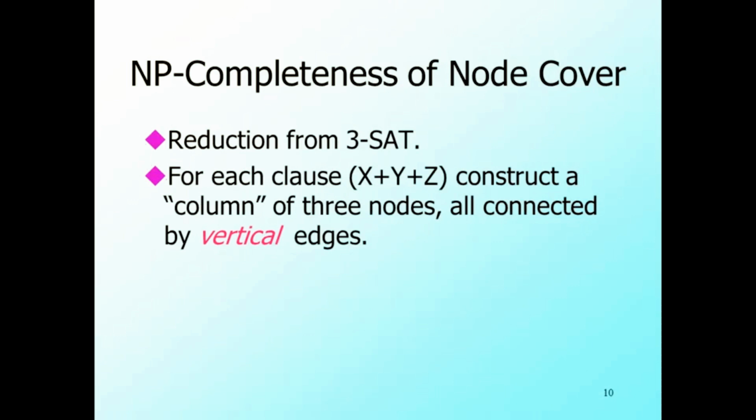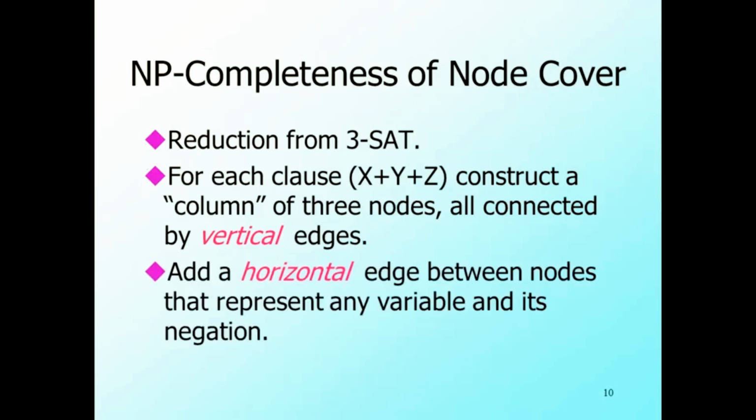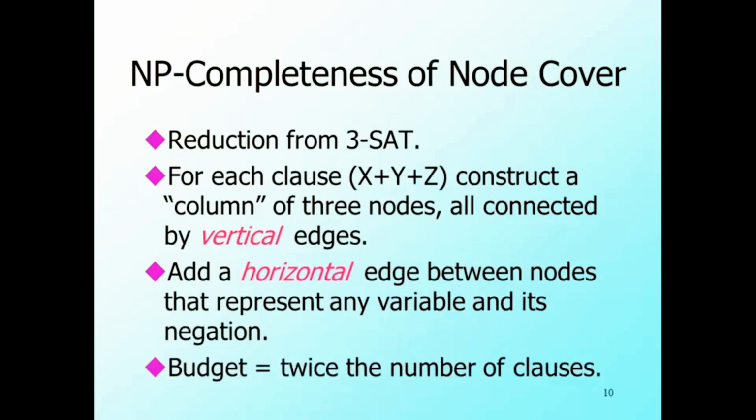There are vertical edges connecting each pair of nodes in a column, and thus there are 3 vertical edges per column. There are also horizontal edges that connect nodes in different columns. 2 nodes are connected if they represent literals with the same variable, and exactly one of those literals has that variable negated. And finally, the budget k is twice the number of clauses, which is also exactly 2/3 of the nodes.